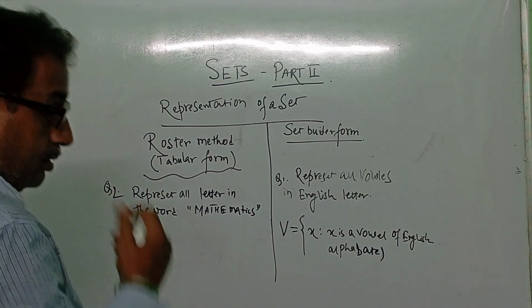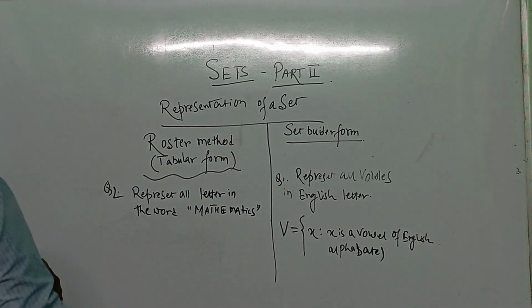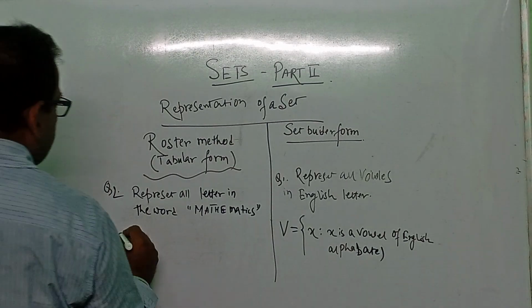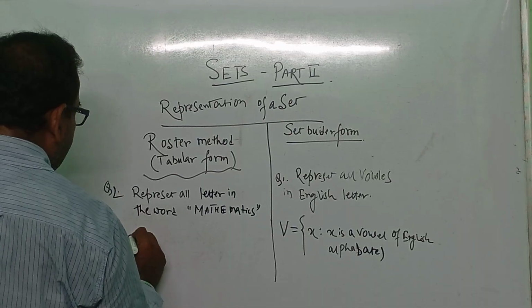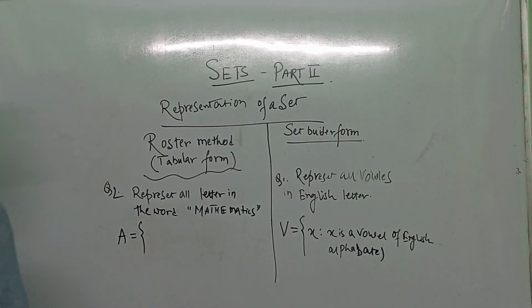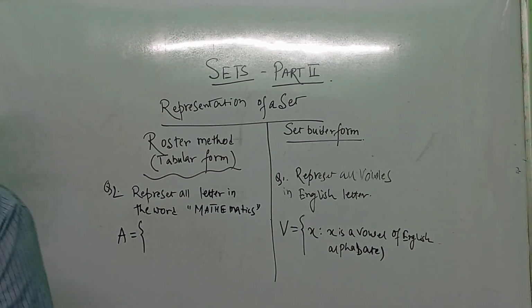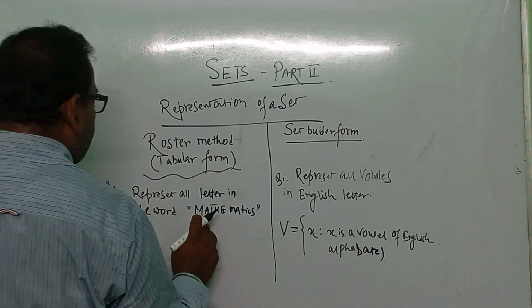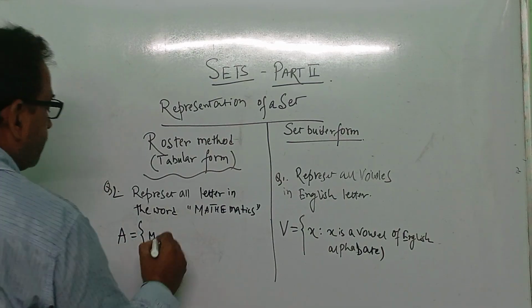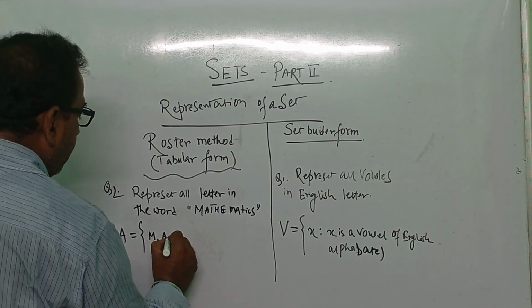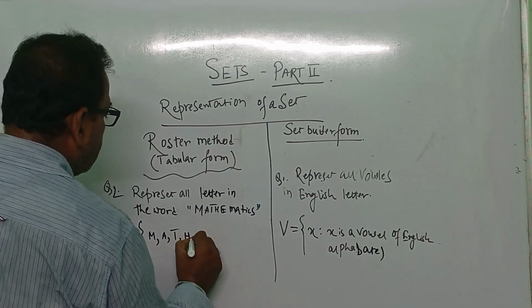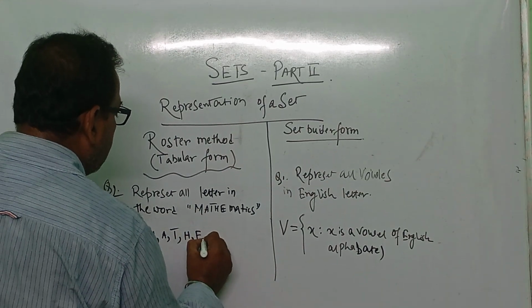Very importantly, look there. Now this is the set mathematics. Now the set name is, let's say, A. Now what is the element of that A? Elements of this A: number 1 is M, comma, A, comma, T, comma, H, comma, E, comma.